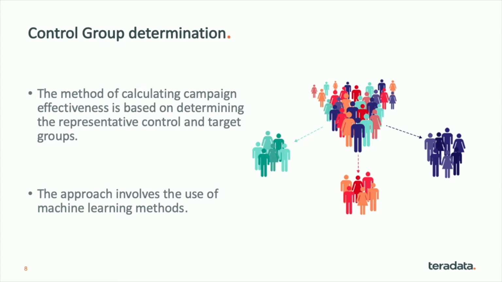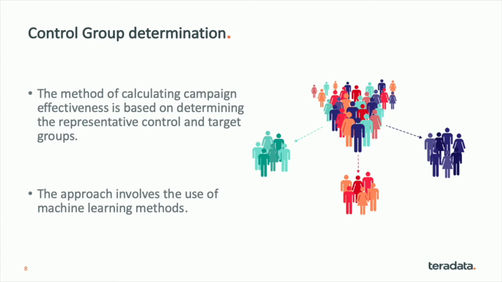The owner of the campaign management system should be able to understand the effectiveness of campaigns. Usually it's done using an approach based on splitting all campaign participants into two groups.